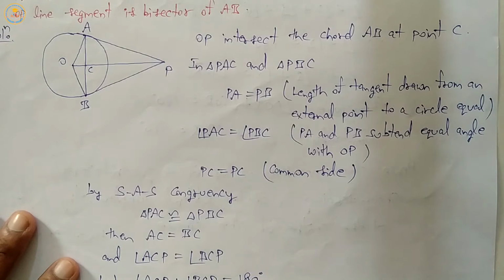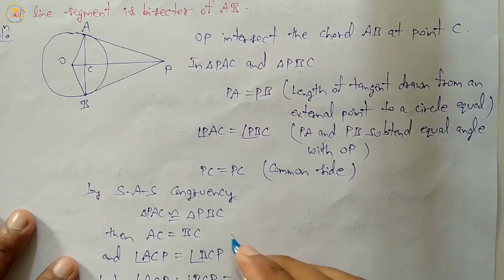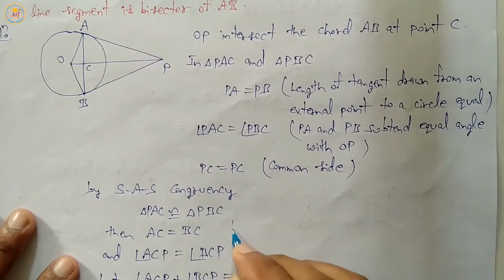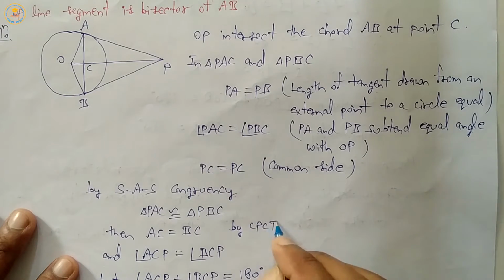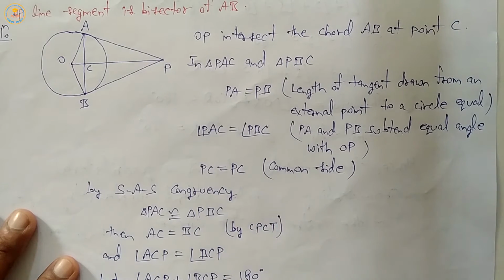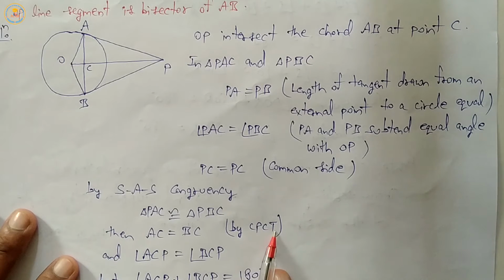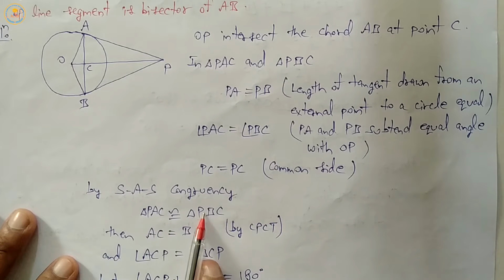CPCT theorem means corresponding parts of congruent triangles are also equal. These two triangles are congruent, so their corresponding parts are also equal.